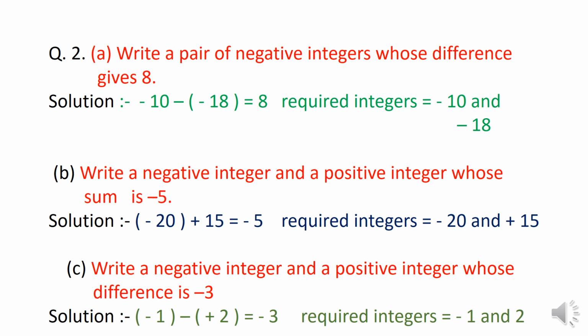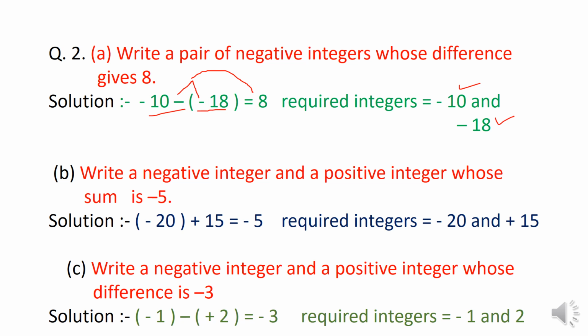So, first I have taken minus 10 and here is minus 18. So, here minus outside, minus inside, this will become plus, and their signs will not be the same, so they will be subtracted. So, 18 minus 10 will become 8. So, here you are getting difference plus 8. So, the required integers will be minus 10 and minus 18.